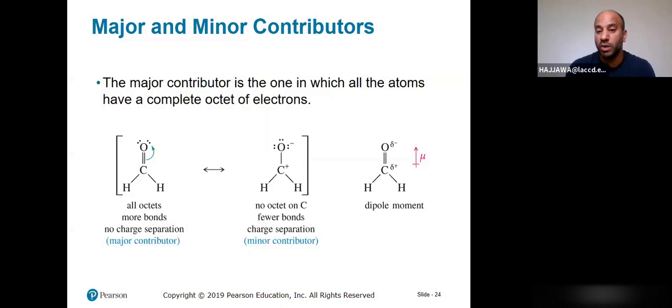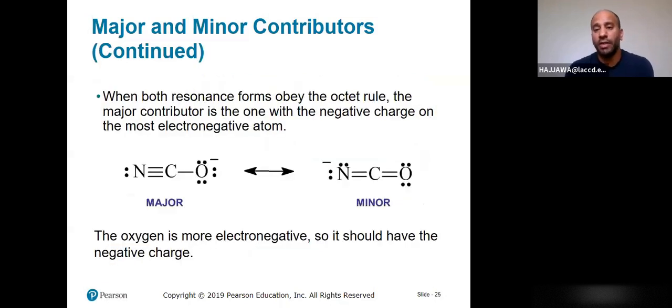So that's why it's considered a minor contributor. Let's look at another example. Here, nitrogen triple bonded to carbon, bonded to oxygen, versus nitrogen double bonded to carbon, double bonded to oxygen. You can see the minus charge here is sitting on the nitrogen, while it's preferred to have it on the more electronegative atom, the oxygen. So that's why this structure is a major contributor.